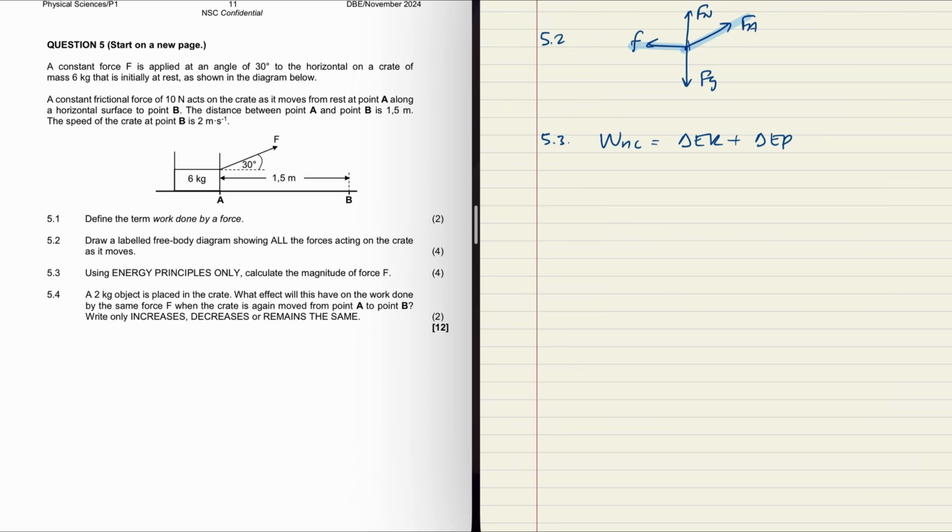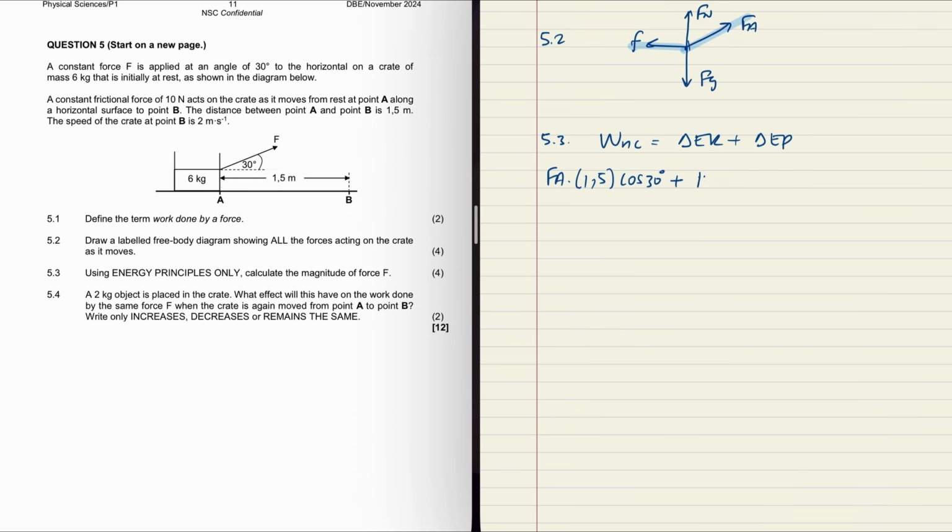So the work done by the force applied is going to be the force applied times delta x, which is 1.5, and then cos theta. What is the angle between the force and the displacement? Well, it's given to us as 30 degrees. So cos of 30 degrees, plus friction.